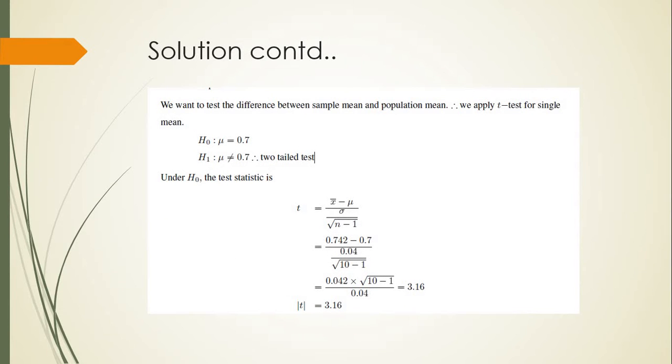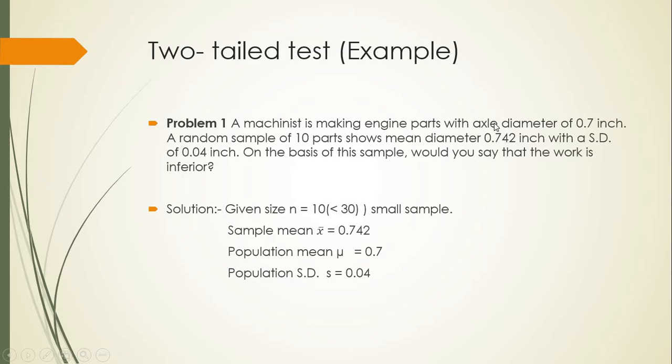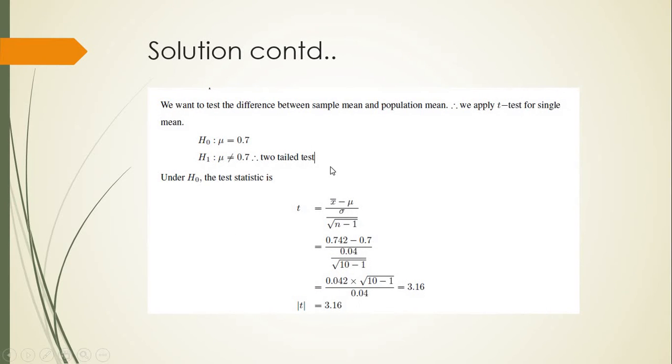Here we want to test the difference between the sample mean and population mean, so we apply the t-test for a single mean. So H0, as I said, is that the engine part axle diameter is 0.7 inch, and H1 is mu is not equal to 0.7. So here we see we have to use a two-tailed test.